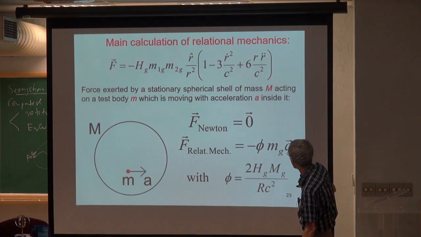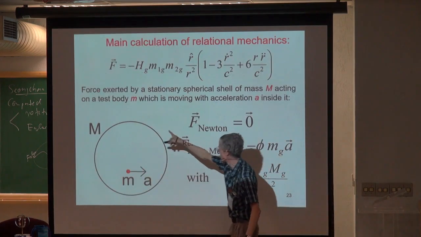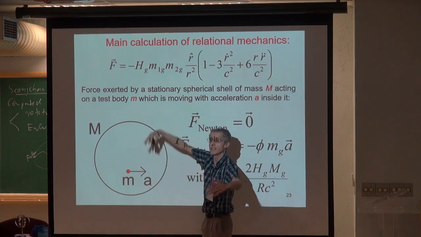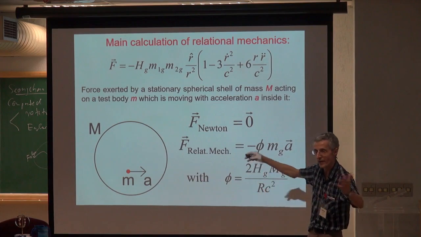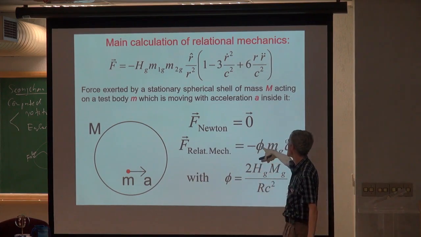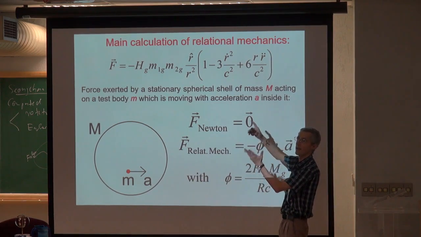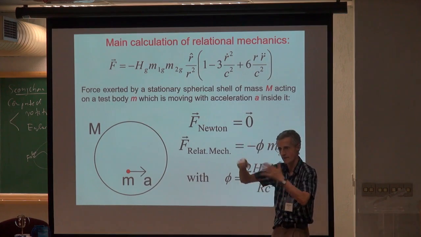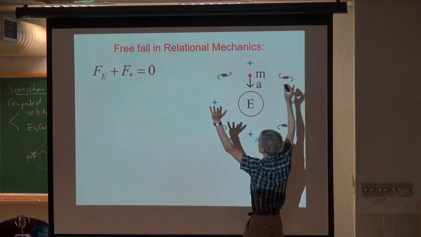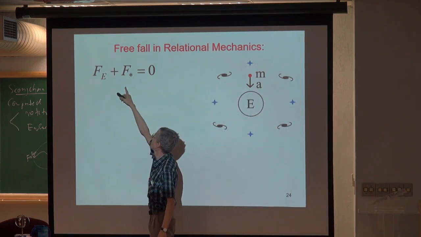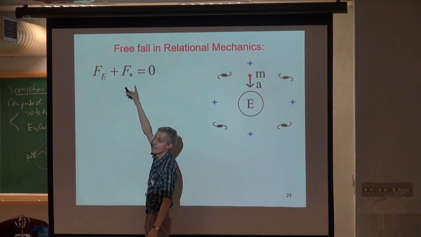I have this result for a spherical shell. Now I need to integrate for the whole universe. So instead of a small phi, I will come with a capital phi, which is the result of this integration. I integrate for a shell and then integrate to infinity. So it will be minus capital phi m a here.